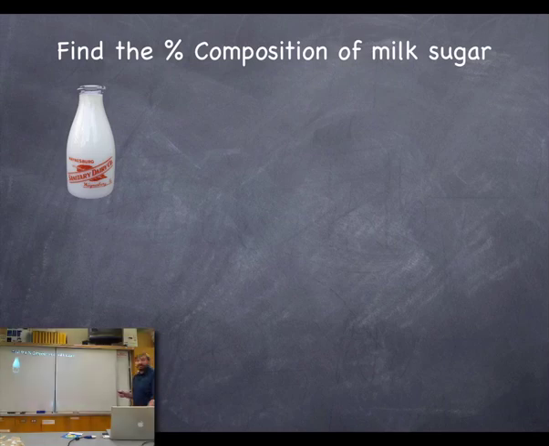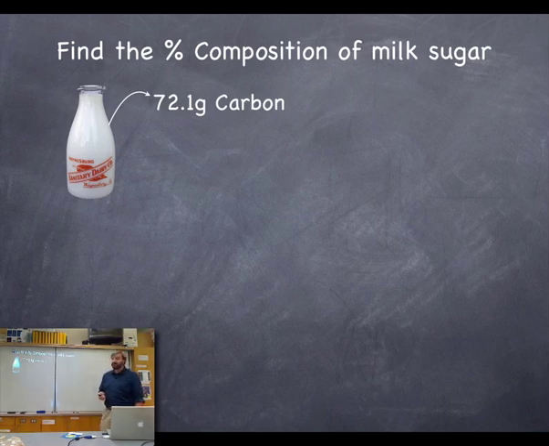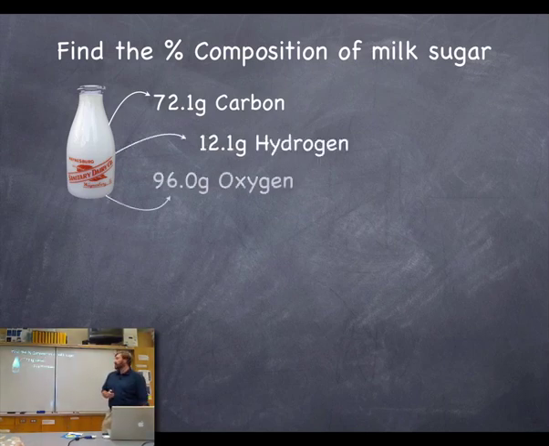Now I'd like you to do the same thing for milk. We know that milk is 72.1 grams of carbon, 12.1 grams of hydrogen, and 96.0 grams of oxygen. What is the percent by mass? Okay, what's the percent by mass? Take a sec right now, go through and do this.